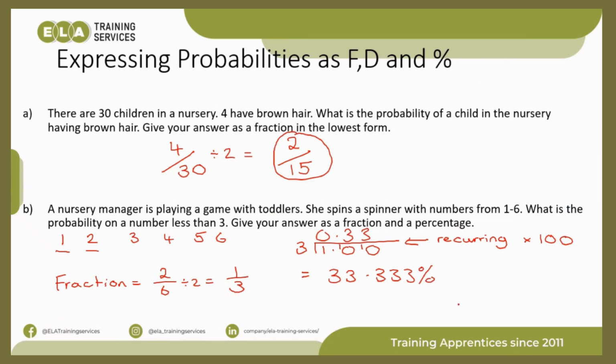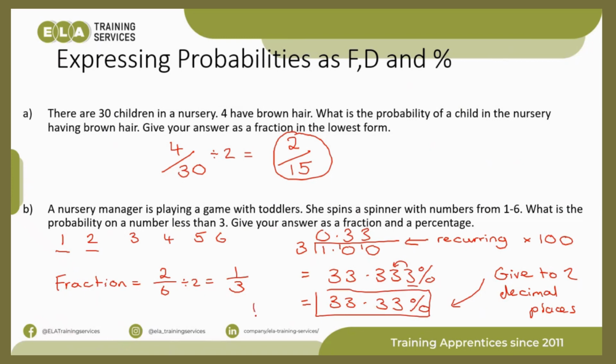We always want to give to 2 decimal places. So using our rounding rules, it's going to be 33.3. That third 3 is going to keep that one as it is, so that's going to stay at 33.3%. And that is our percentage.